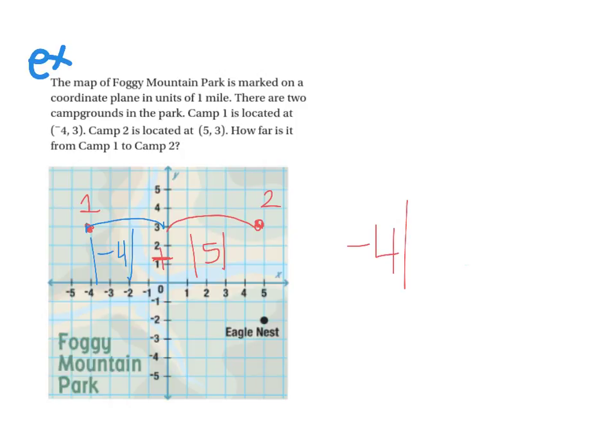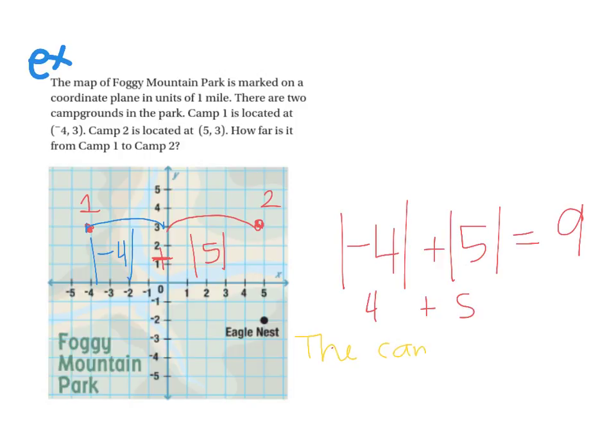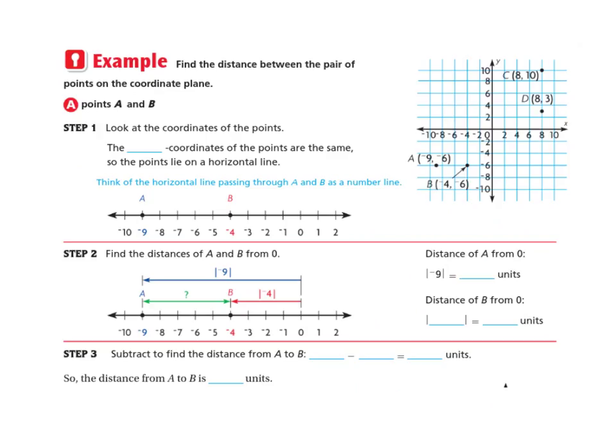The absolute value of -4, plus the absolute value of +5, equals 4 plus 5, 9. So it is 9 miles. The camps are 9 miles apart. And that is how you find the distance.